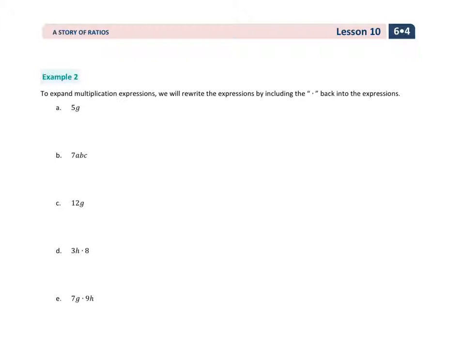So 5g, that's the same thing as 5 times g, right? 7abc means that's the same thing as 7 times a times b times c. 12g is the same thing as 12 times g. You could also actually even break that up more if you wanted to.